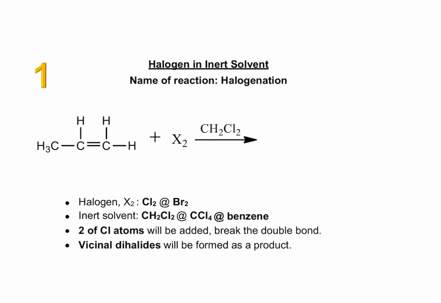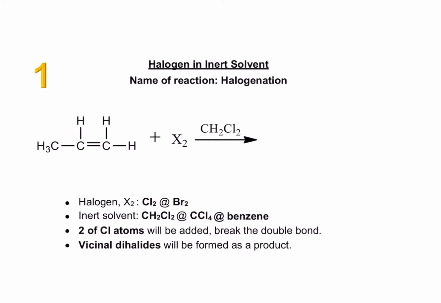The name of this reaction is halogenation, where you use a halogen, whether chlorine molecule or bromine molecule. The next one, you need to use an inert solvent, where you can choose dichloromethane CH2Cl2 or tetrachloromethane CCl4 or benzene.